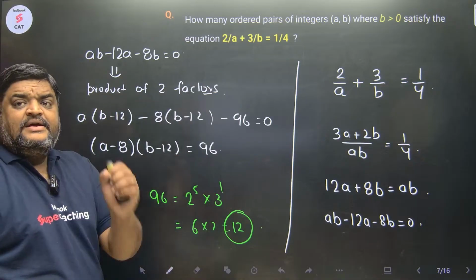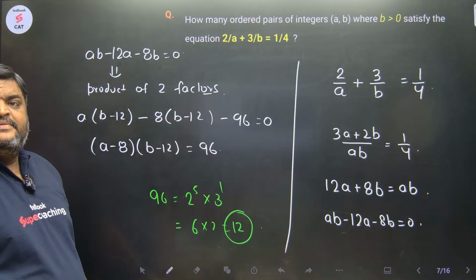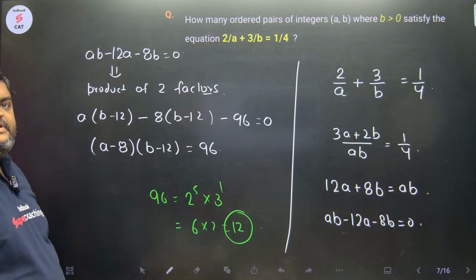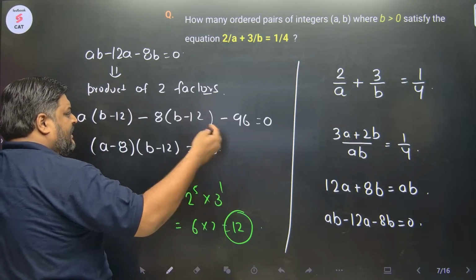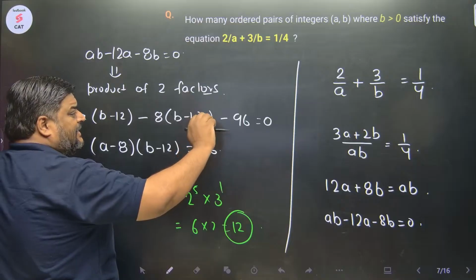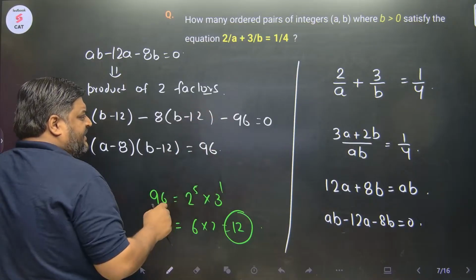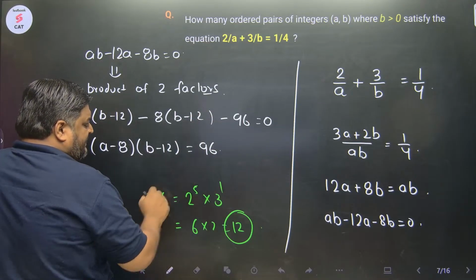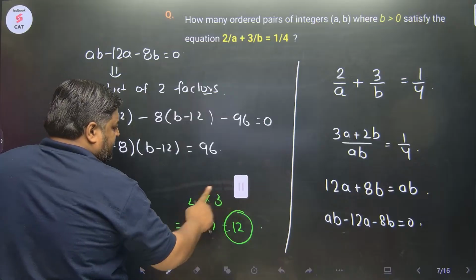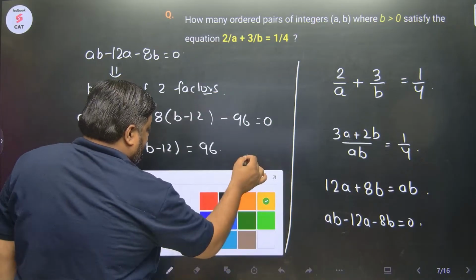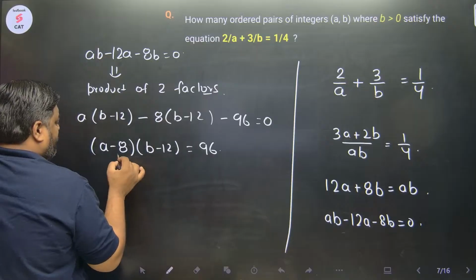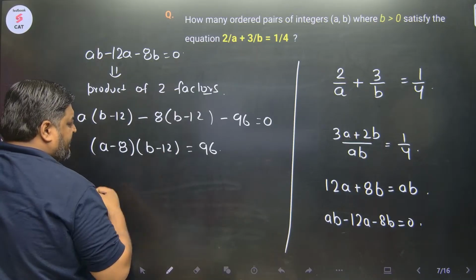96 had 12 factors. सर हिडन ट्रायल में ने बहुत टाइम वेस्ट करा दिया. ओके, for this question you cannot say that this is the number of pairs. So 96 has 12 factors. सो आप क्या कर सकते हैं? देखो प्रोडक्ट 96 है, both of them would be positive or both of them would be negative.